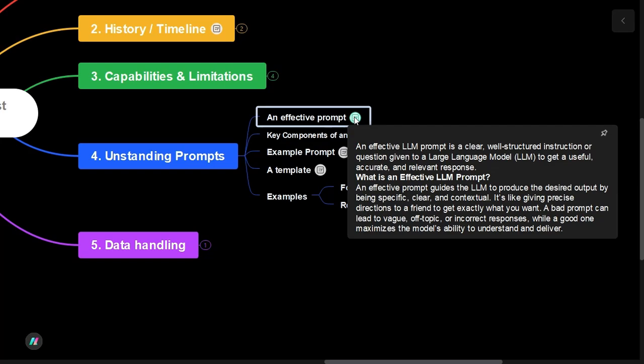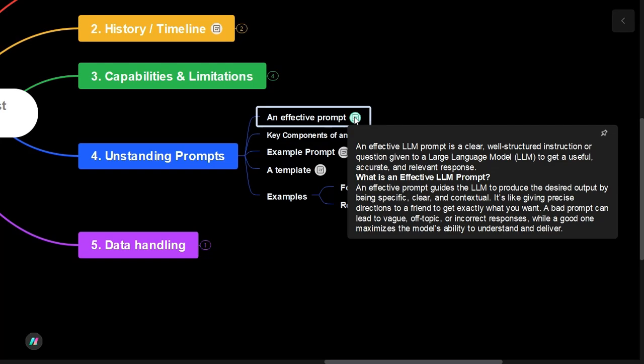It should be very clear, and in it you even talk about what you expect in response. That way the LLM has good clarity about what your question is, what you are expecting, what data you're giving for analysis, and how you expect the outcome. Everything is made very clear. That's the definition of an effective prompt, and we will see examples and what components it should have.